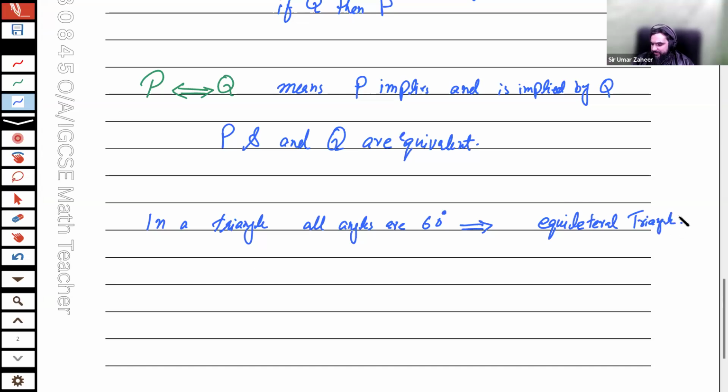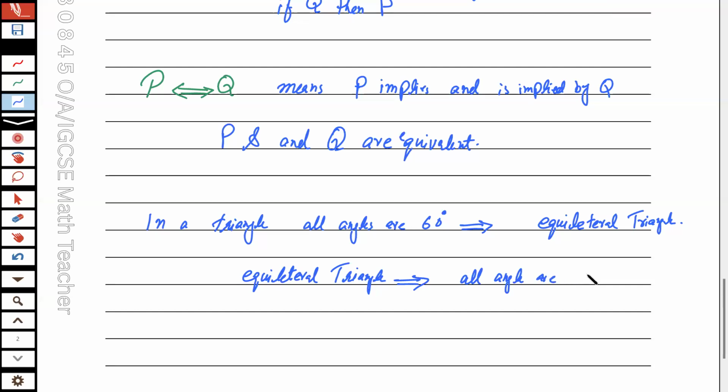And for example, if you have an equilateral triangle, it implies that, what does it mean about the angles? All angles are equal, and 60-degree.